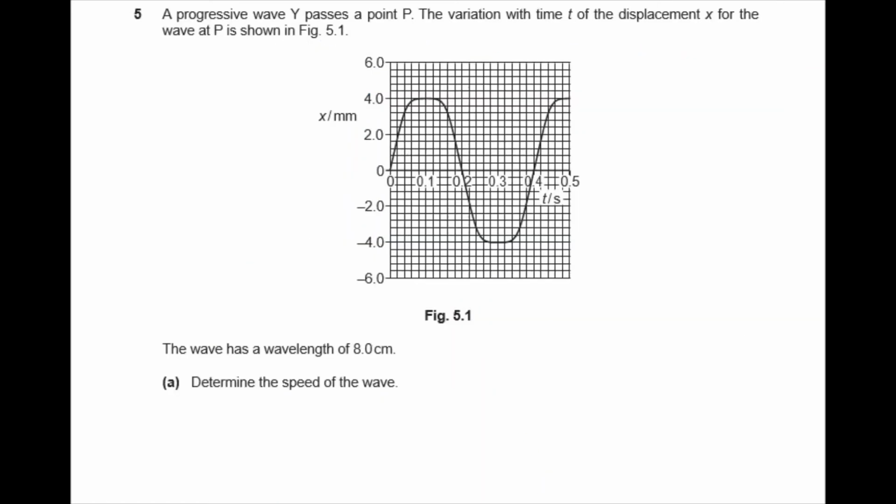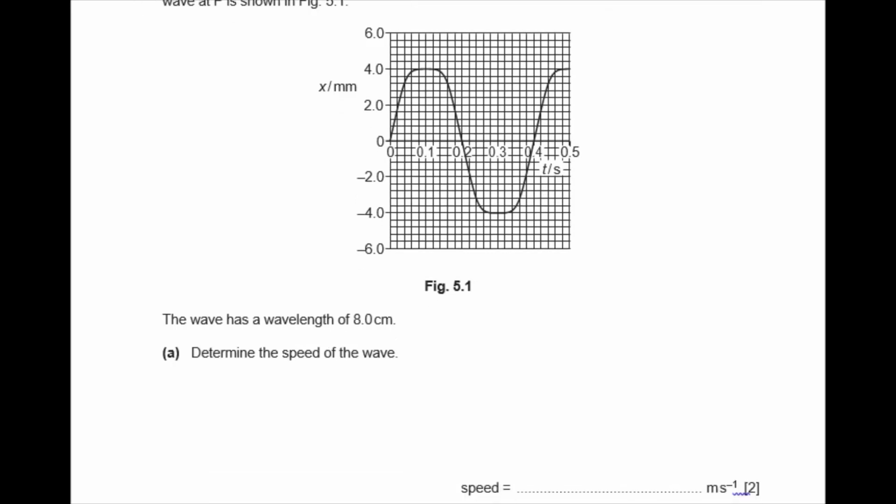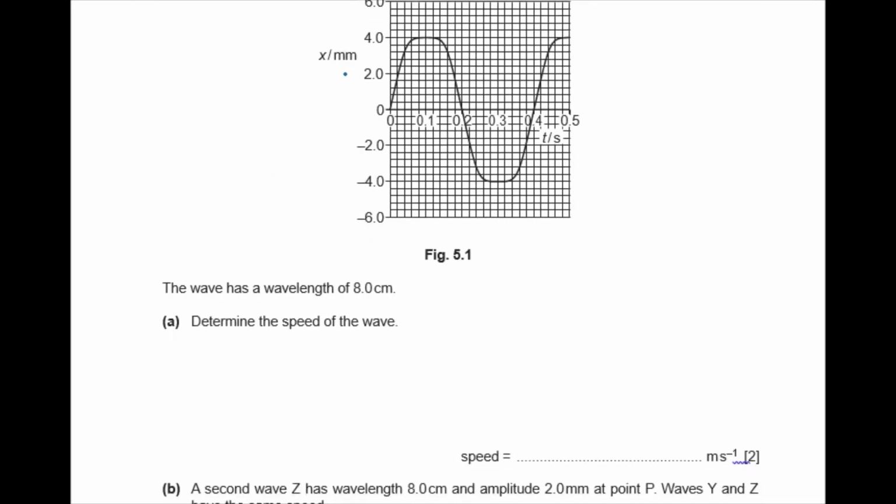Number 5, a progressive wave Y passes a point P. The variation with time t of the displacement x of the wave at P is shown in figure 5.1. The wave has a wavelength of 8 cm. Determine the speed. This is a graph of displacement against time. Speed equals frequency times wavelength.